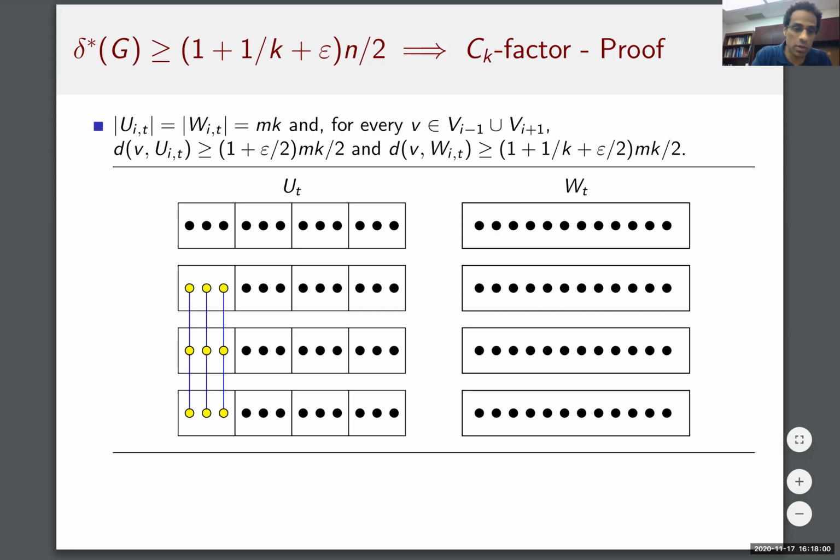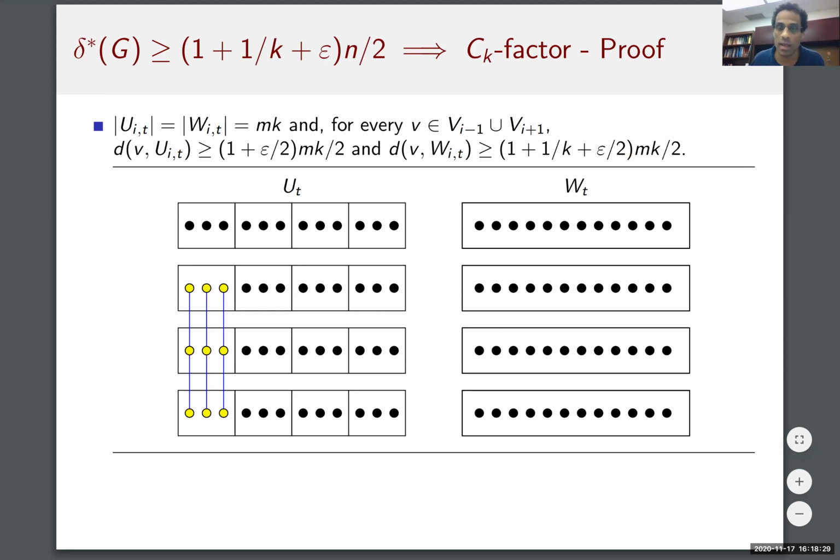What I need to do is complete this by finding a common neighbor of this vertex and this vertex in here maybe. This would be a likely place to look because my degree into this part of the graph is good. So how big is the common neighborhood of this vertex and this vertex into this part right here?